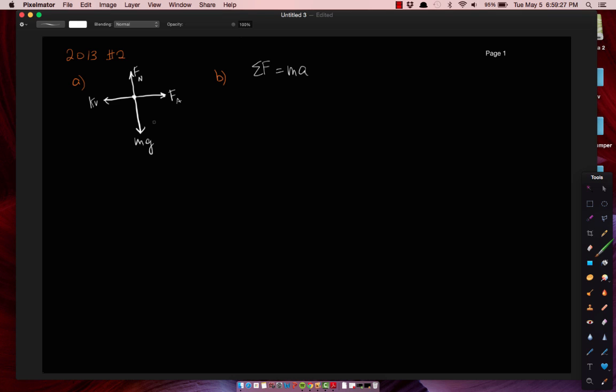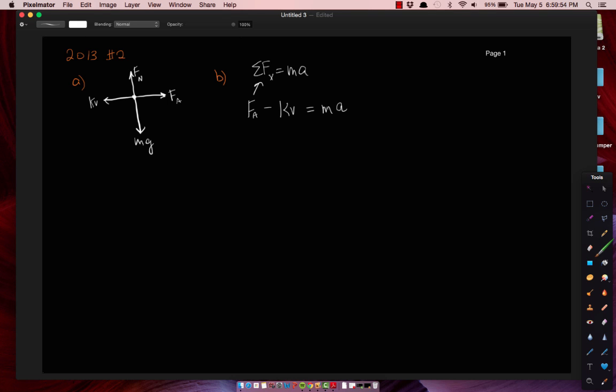The block is only moving in the x direction, so the net force in the x direction is equal to ma. Based on our free body diagram, the net force is equal to the force applied minus the drag force, kv, and that's equal to ma.